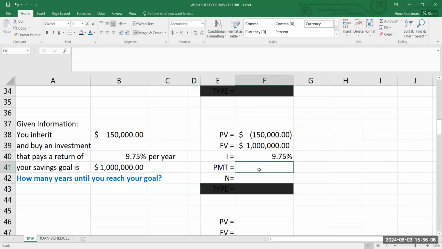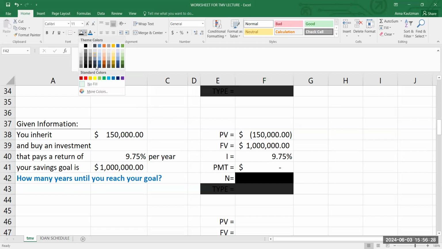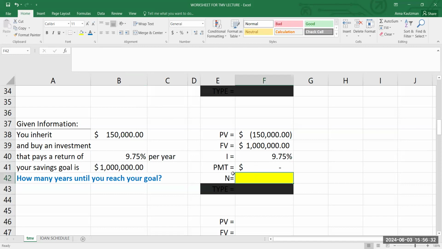Payment. In the given information, there is nothing that says you're making any payments, so that will be a 0. And by the way, payments can be made or received, but there's no payment in this problem. Now we're down to N, or NPER, number of time periods. Well, that's what we need to calculate. It says how many years until you reach your goal. So we have to calculate the time.